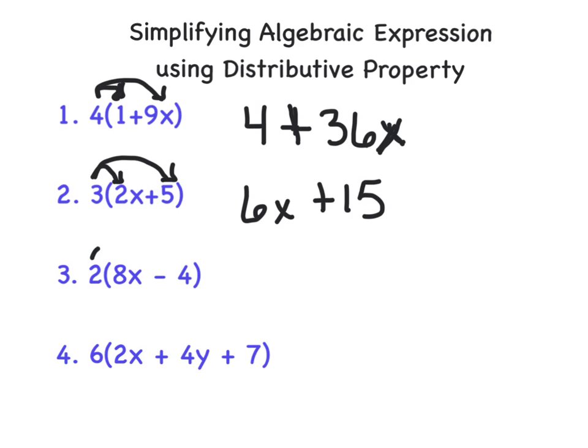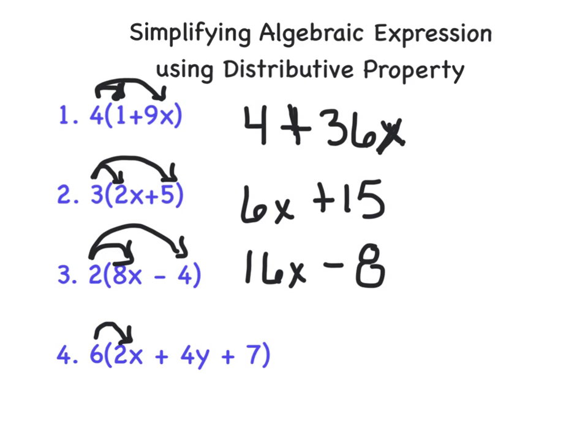So this next problem, we have 2 times 8x, which is 16x. But then we have 2 times a minus 4. So 2 times a minus 4 is just going to be 2 times 4, but you're just going to put a minus sign. So that'd be 16x minus 8. Then the last one, you have 6 times 2x, which is 12x.